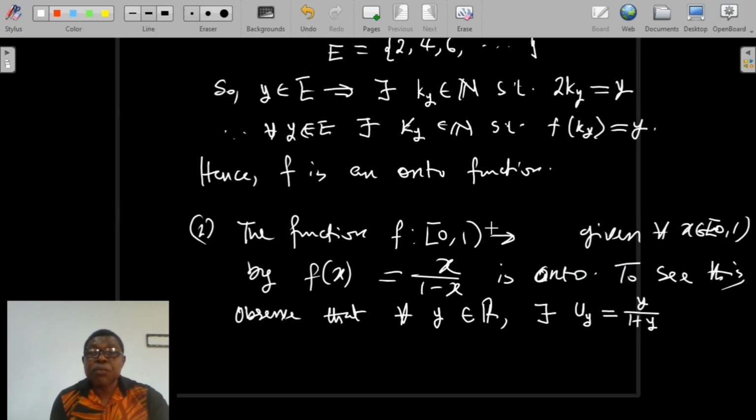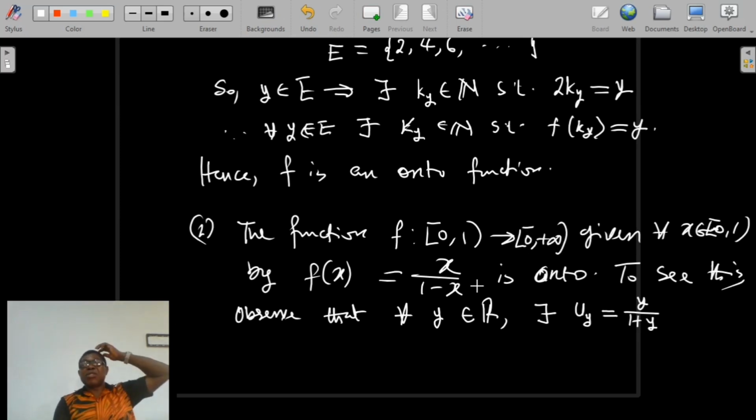So we consider the function, this time around, from (0, 1) to [0, +infinity). The essence of this is to avoid a certain difficulty I've just observed. The function f from (0, 1) to [0, +infinity) given for all x in (0, 1) by f of x equals x over 1 minus x is an onto function.